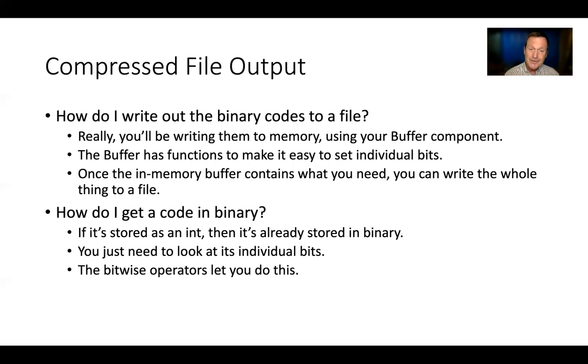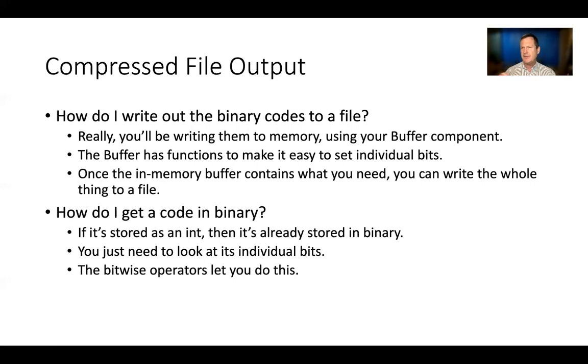How do you get a number in binary? Well, that's going to be easy because if you've got something like a code 97 stored as an int, then internally it's already in binary. Int values are stored in binary in computer memory. All you have to do is be able to look at the individual bits for how that code is stored. And we learned the bitwise operators to do that kind of thing.